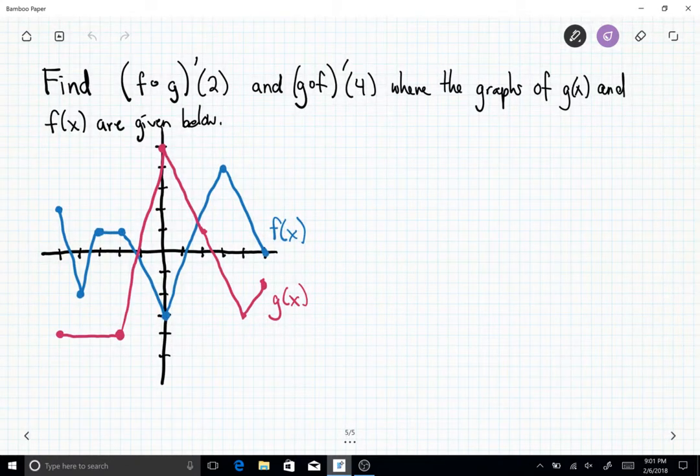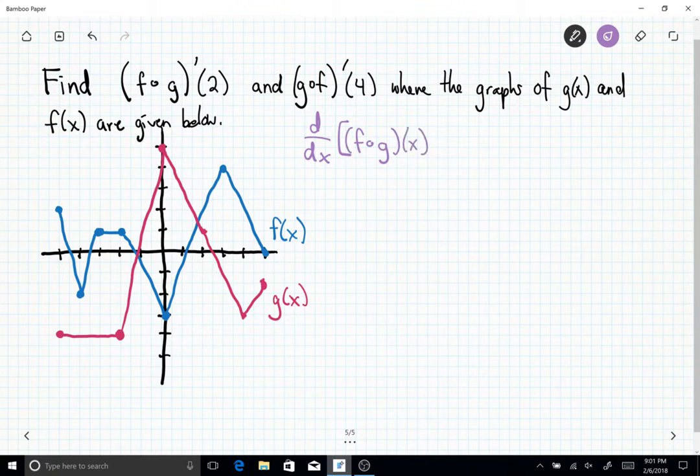Alright, last but certainly not least, we have two problems. We have f composed with g, prime of 2, and then g composed with f, prime of 4. The first thing to take note of: if you have the derivative of f composed with g of x, that has to be f prime of g of x times g prime of x.